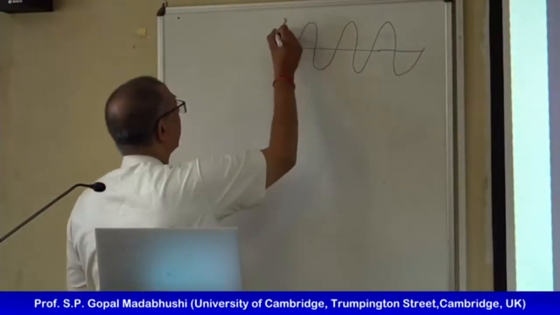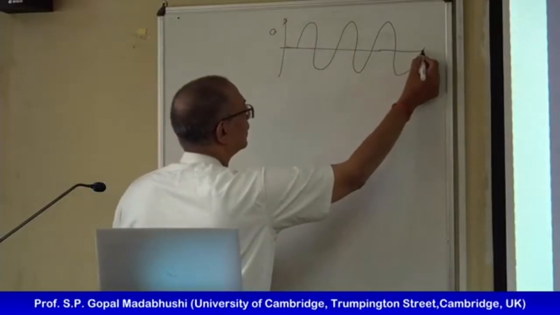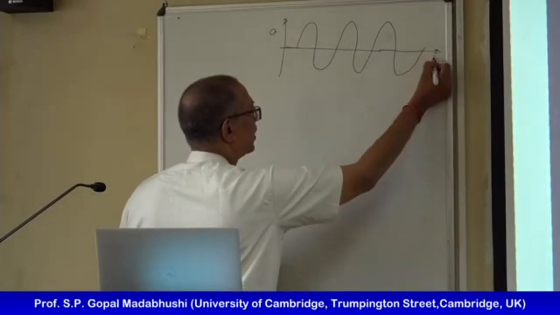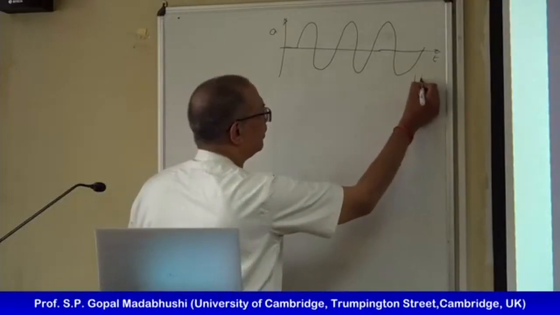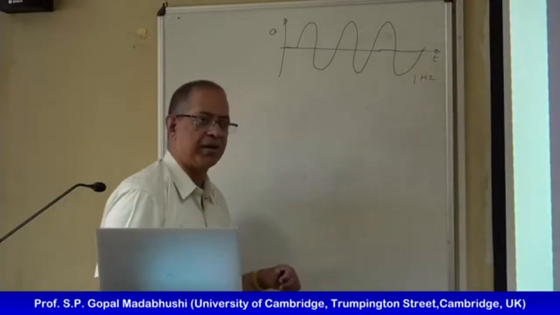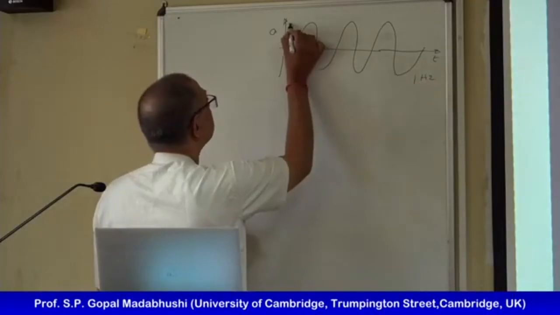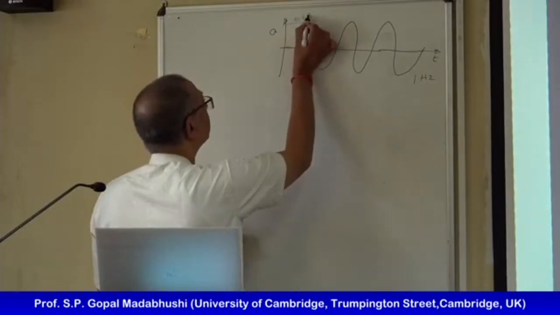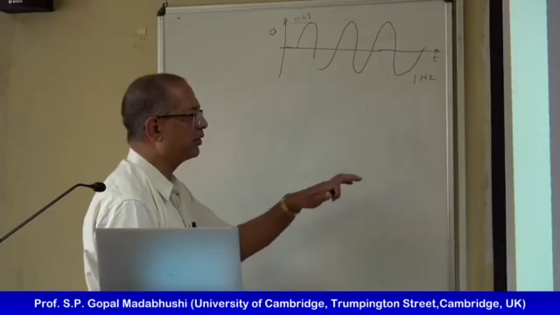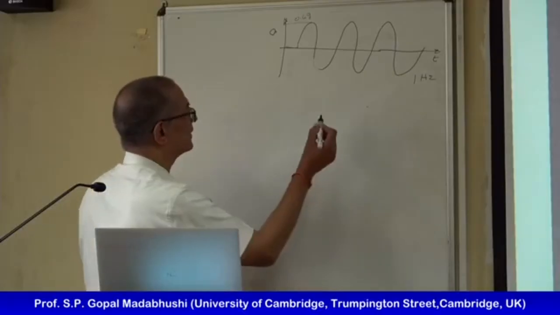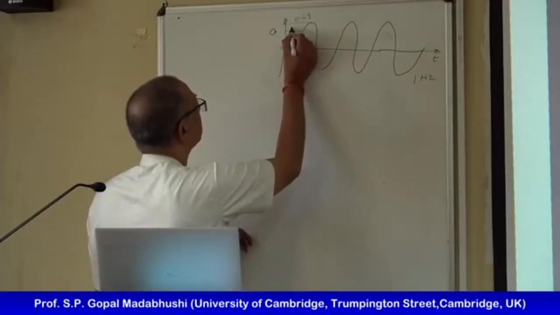So that is my acceleration versus time. Let's, for the sake of it, say that's just a 1 hertz pulse, and let's say that is about 0.4 g. And our threshold acceleration, let's set it at 0.3 g.